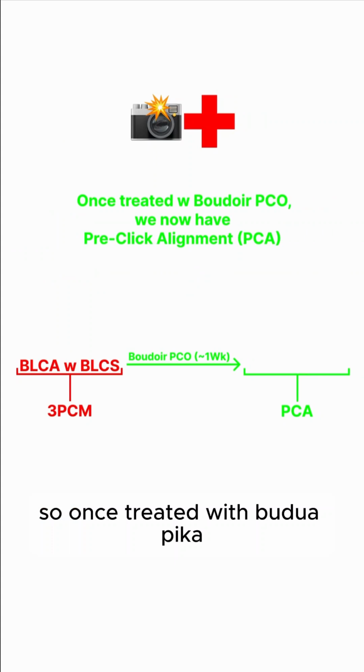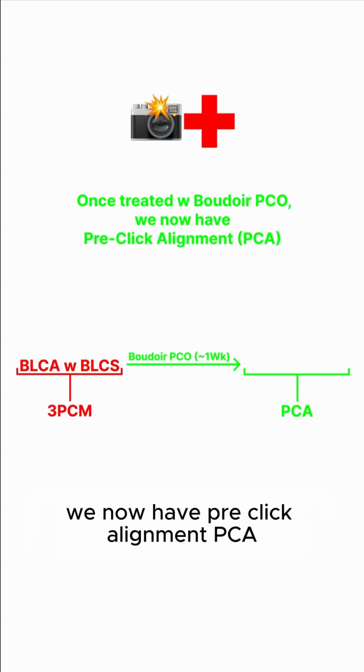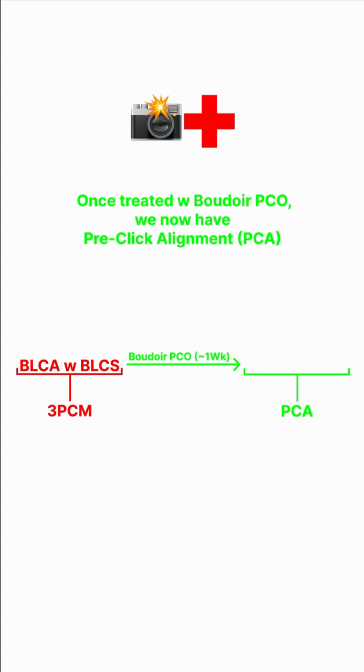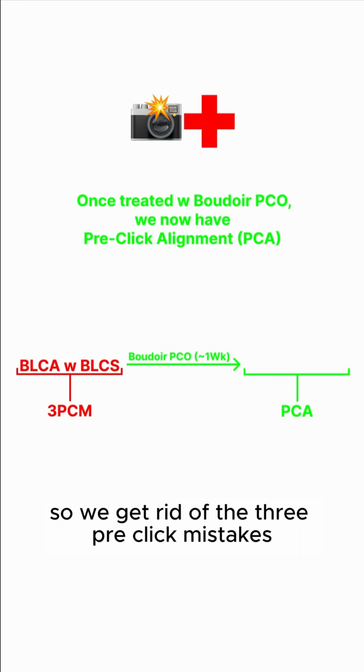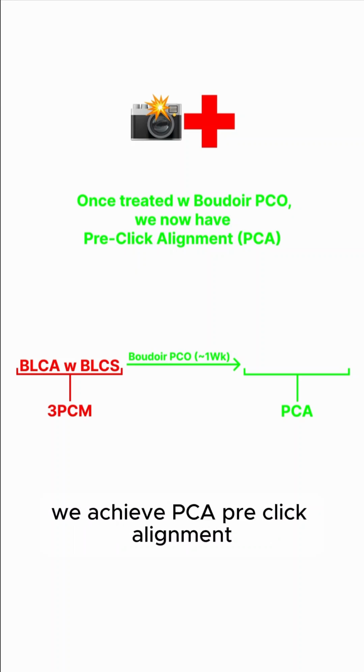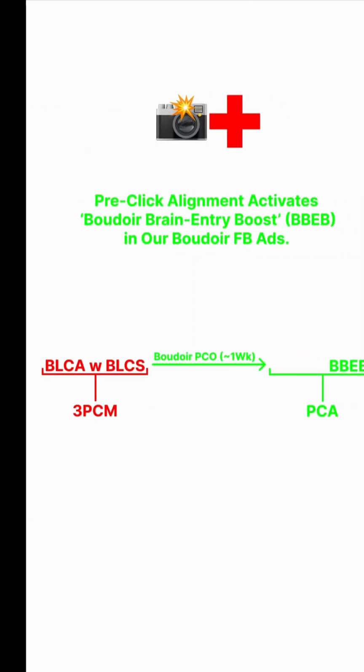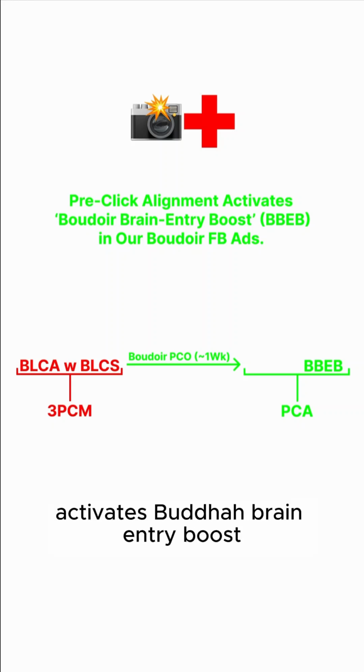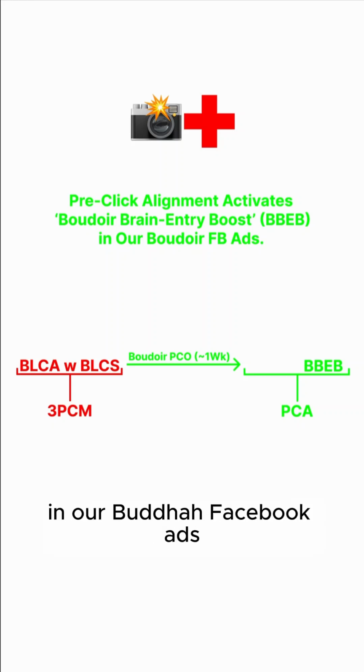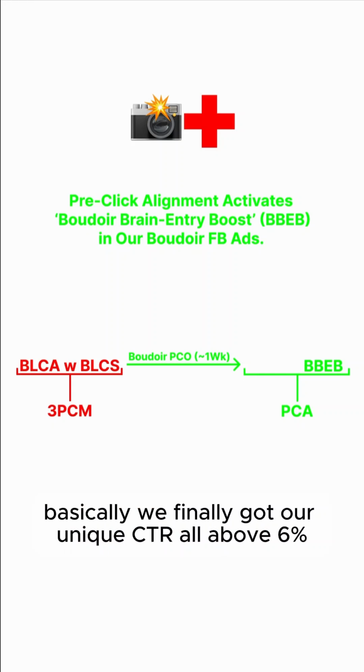So once treated with Boudoir Pico, we now have pre-click alignment, PCA. So we get rid of the 3 pre-click mistakes, we achieve PCA, pre-click alignment. Pre-click alignment activates Boudoir brain entry boost in our Boudoir Facebook ads. Basically, we finally got our unique CTR above 6%.